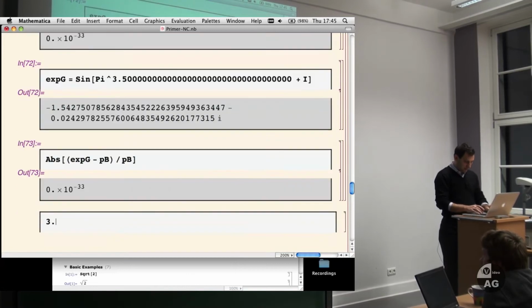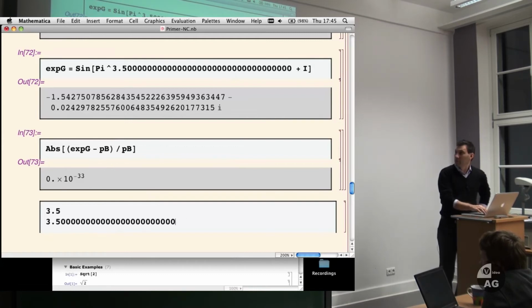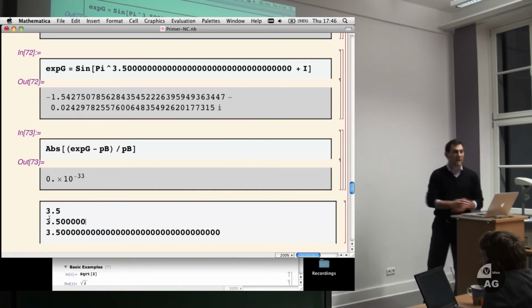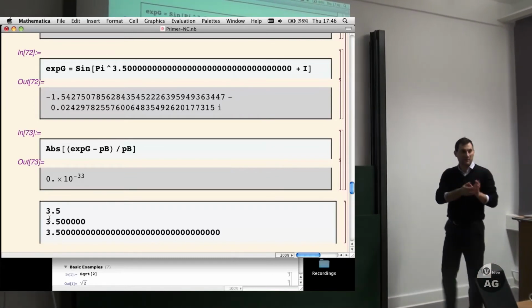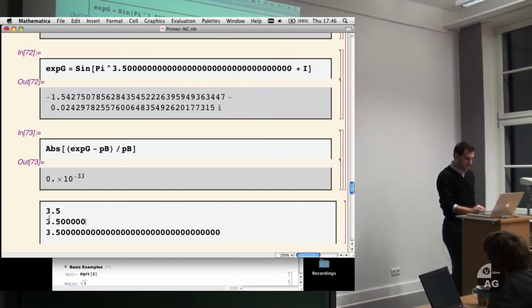Moral of the story, these two numbers are not the same at all. But funnily enough, these first two numbers are the same. Anything up to 16 is a machine number, and from 16 on, it's extended precision, completely different world.